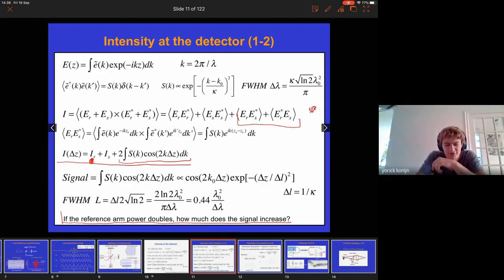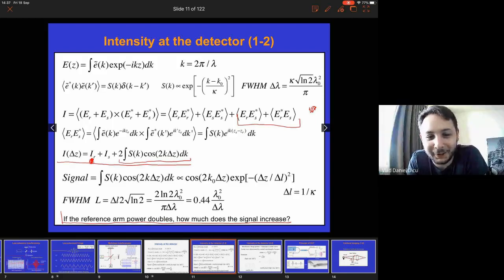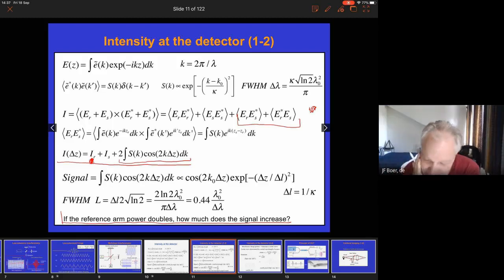Wouldn't that be a square root of 2, since the intensity is proportional to the square of the electric field? Do you agree or do you disagree with that argument? I agree. Okay, so there we have it, the factor of square root of 2. So the reference arm field doesn't double but increases by a factor square root of 2.